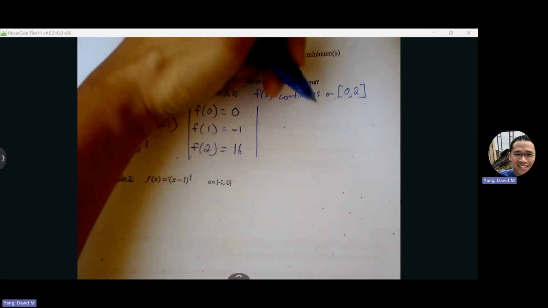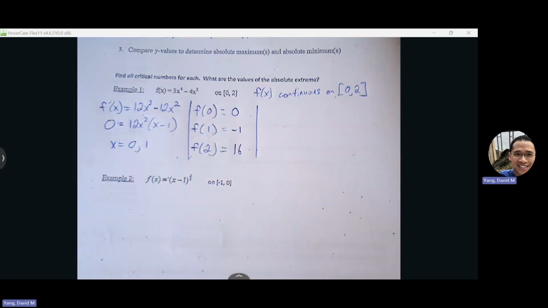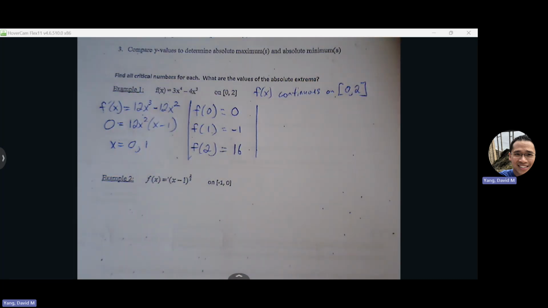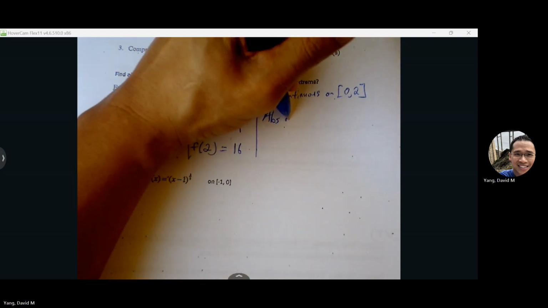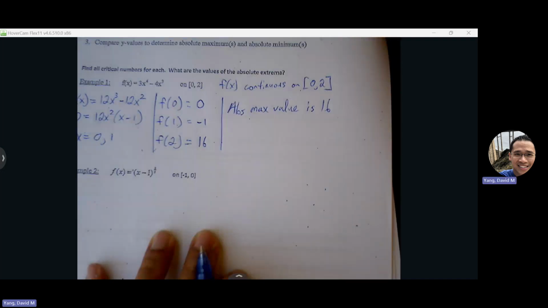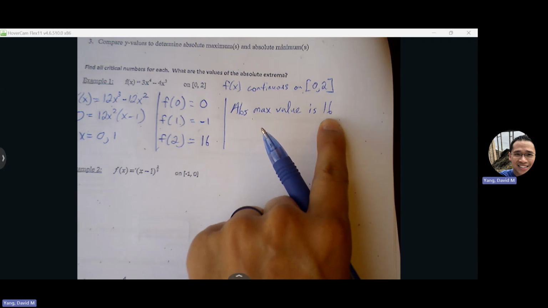So I want us to practice writing it out and referring to absolute max as the y value. So we're going to say the absolute max value is 16. So I don't want to see 2 comma 16. I want to just see one number, 16.